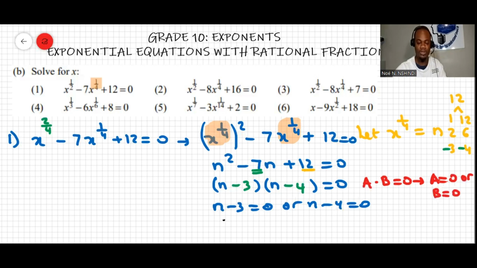So n minus 3 equals 0 or n minus 4 equals 0. That means n equals 3 or n equals 4.